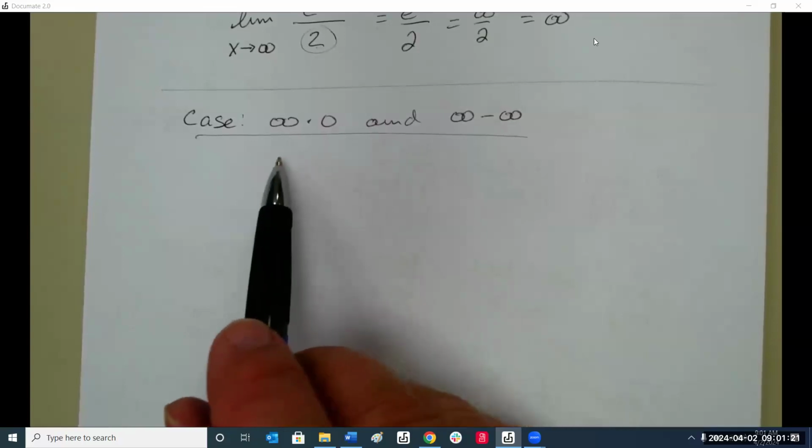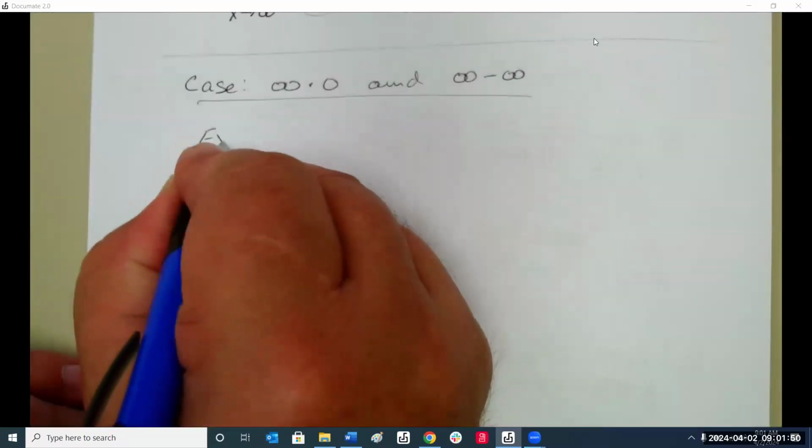Infinity times 0, what do you think it is? What do you think infinity minus infinity is? Are all infinities the same size? They would only cancel to zero if they're exactly the same, and we don't know what they are, so even the difference could be infinity. You see why these are indeterminate. We can't say much about them.